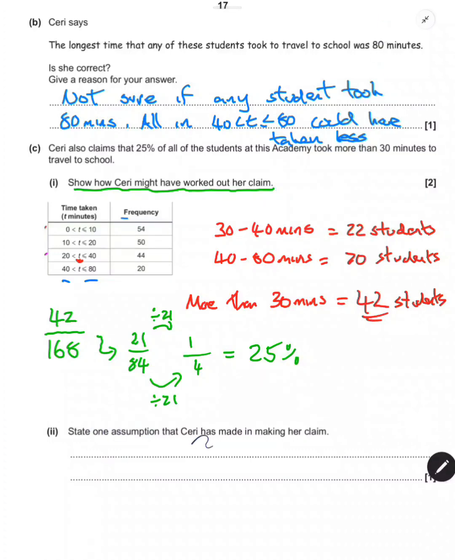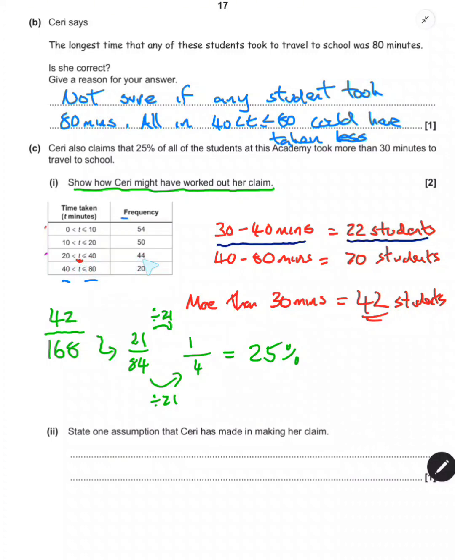Part 2 says state one assumption that she's made in making a claim. Well, this maths here, kind of saying from 30 to 40 there are 22 students, exactly half of the total, kind of goes against what I said in part B. We don't actually know what these 44 students took in terms of time.